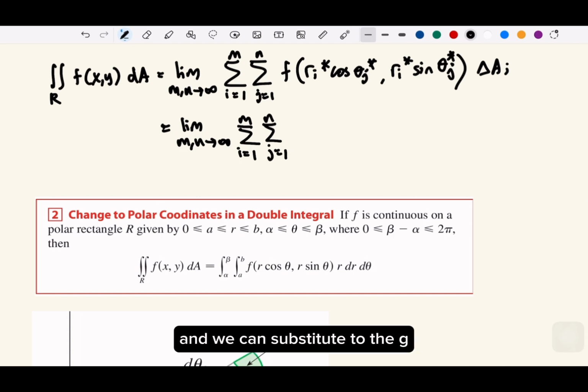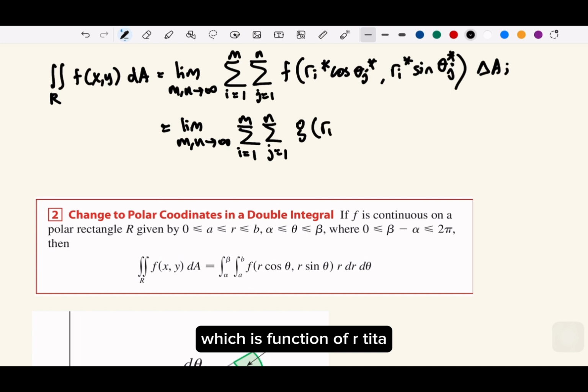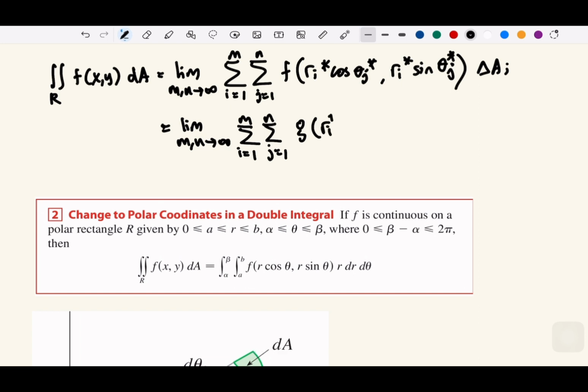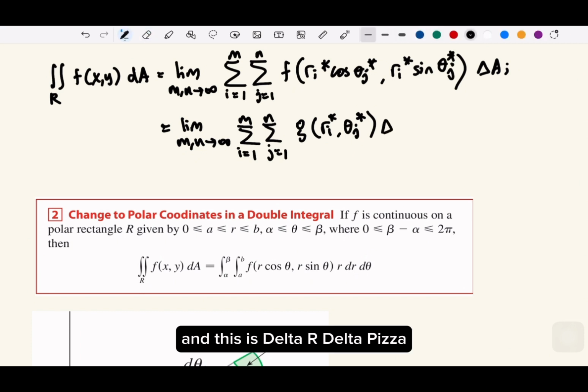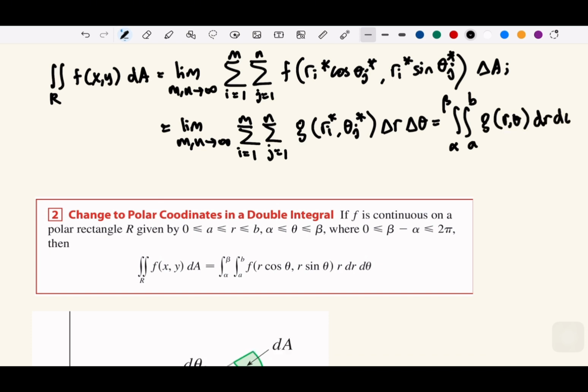And we can substitute g, which is a function of r and theta, with delta r delta theta. This is equal to the integral from alpha to beta, a to b, of g(r, theta) dr d theta.